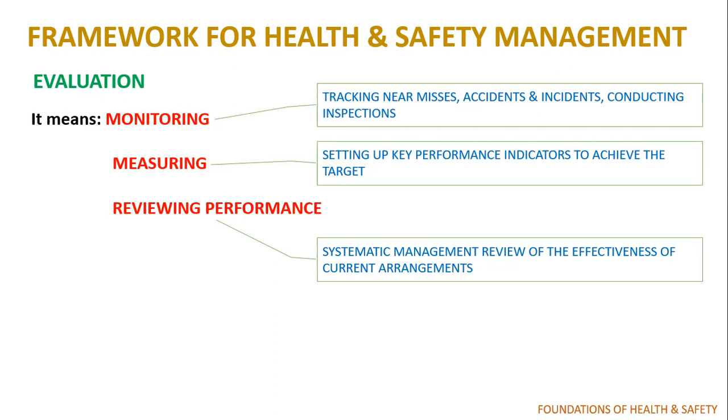Measuring means that key performance indicators must be set to achieve the target, and reviewing the performance means the review of the effectiveness of the current arrangement, whether they are working effectively or not. We will see it in detail.